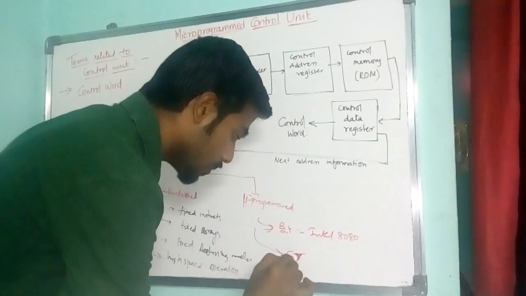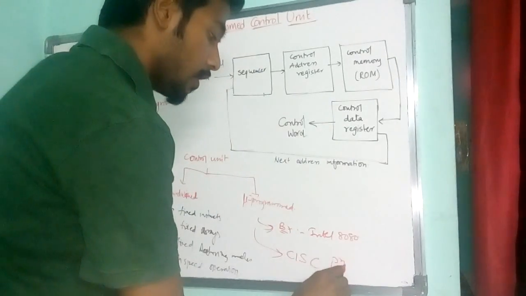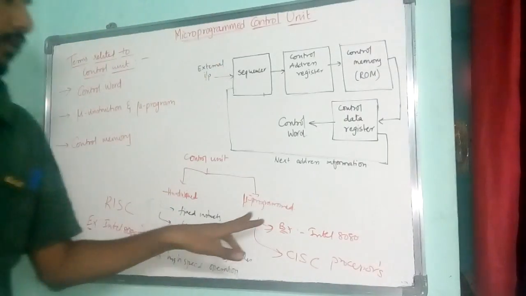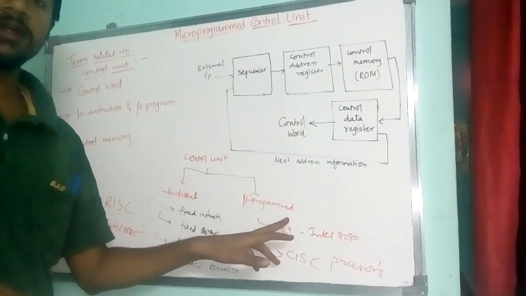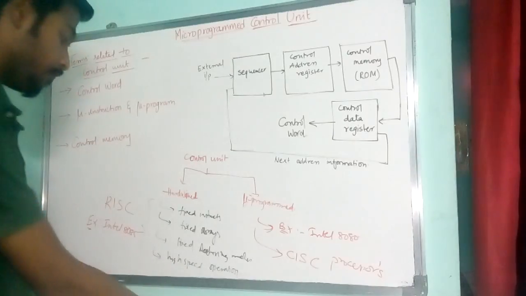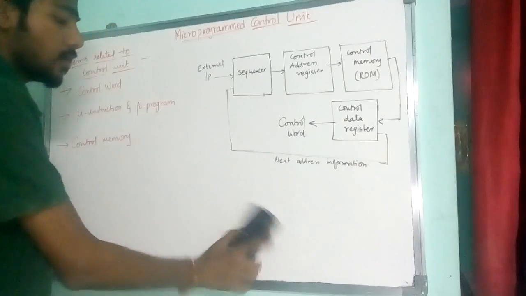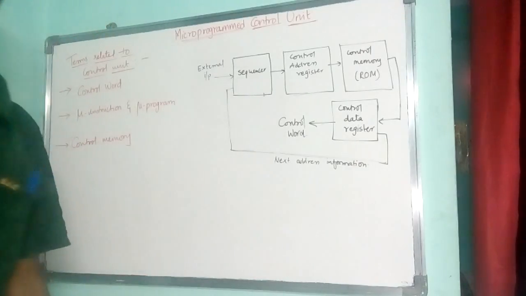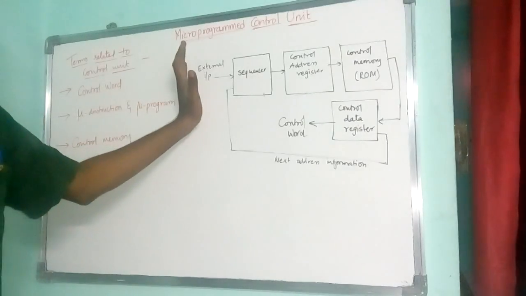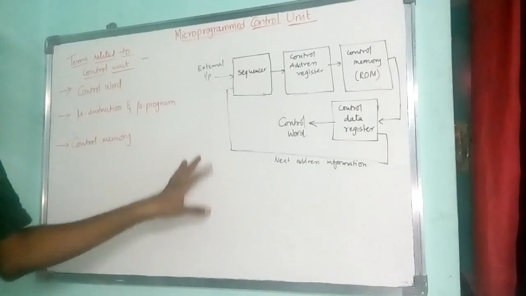These are CISC type CPUs, because these are software designed, whereas the others are hardware designs. Now we'll see the microprogrammed control unit. Microprogram means it is programmed, that means it is a software type design. So now we'll deal with CISC type processors or CISC type control unit design.